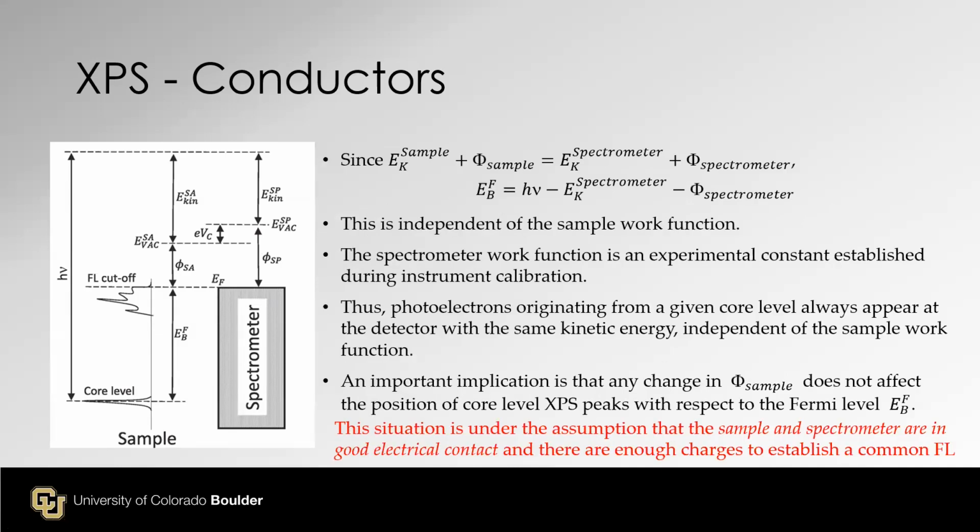Okay. The same equation at the top. So if we use this relationship, the binding energy of the core electron is independent of the sample work function. And spectrometer work function is an experimental constant.